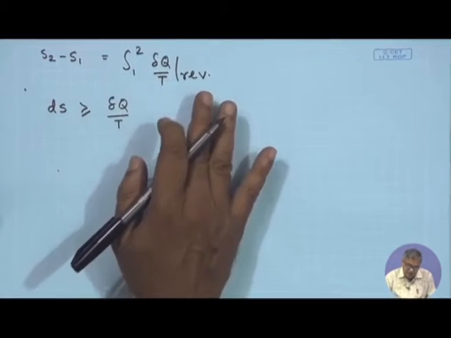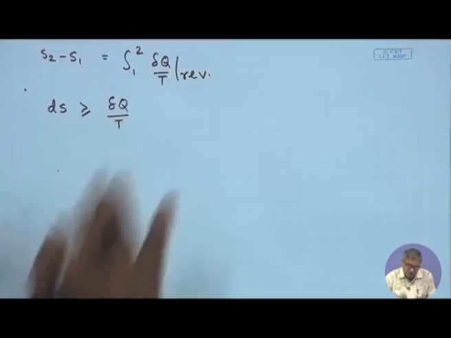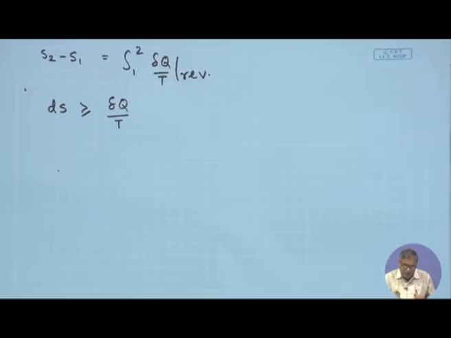When it is reversible, ds is equal to dq by T. When the process is not reversible, but there is some heat transfer, the entropy change has a relationship with the heat transfer, and the relationship will not be an equality; it will be given by an inequality. So, ds is greater than or equal to dq by T.